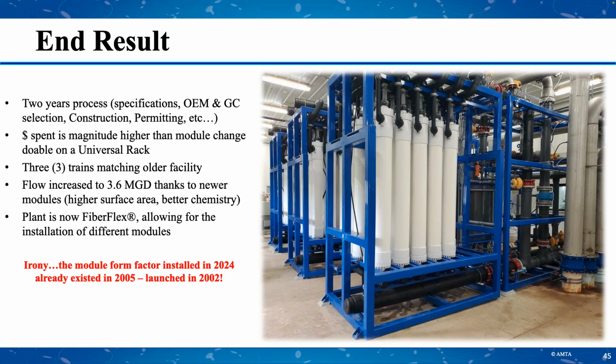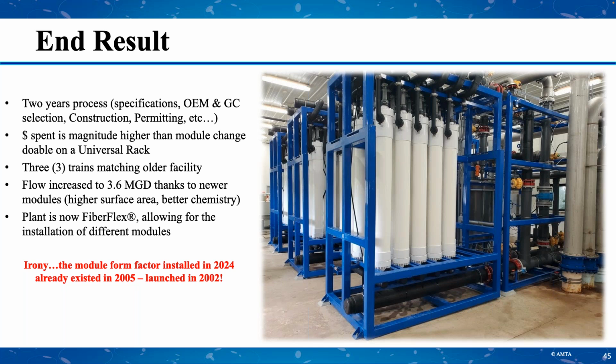The supreme irony, I would say, is that the form factor of the white module you're looking at here was actually available back in 2005 when they first built the plant. That module shape was launched in 2002. In 2002, it was a different fiber, not as performant as it is today.